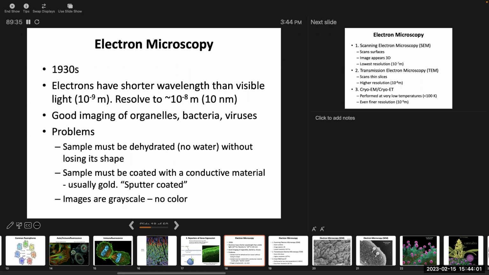Another downside to electron microscopy is that all of the images are grayscale. You're imaging things with electrons, not with visible light, so there is no color. Everything appears grayscale. You can see highlights and shadows, you can see three-dimensional form, but there's no color in an electron microscope image.